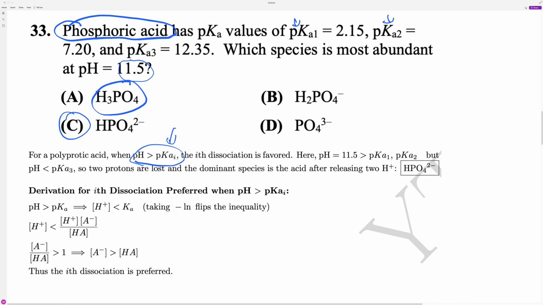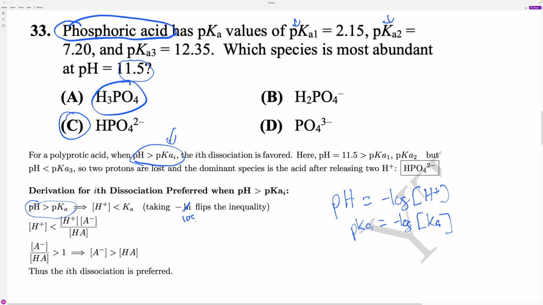However, if you don't know this fact, you can actually just find it. Let's say that pH is greater than pKa. We can revert it back to its regular form because pH equals negative log [H+], and pKa is negative log Ka. We just take the negative log, not the negative ln.